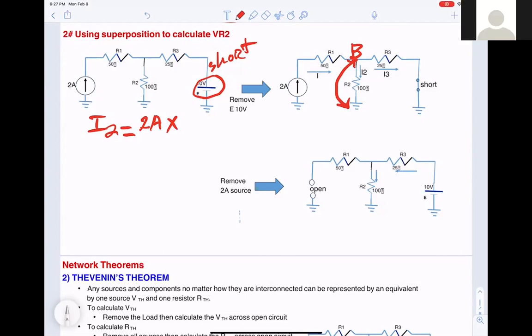I2 is equal to the 2 amps times R3, divided by R2 plus R3. Perfect.